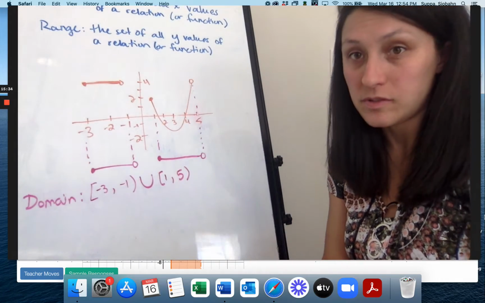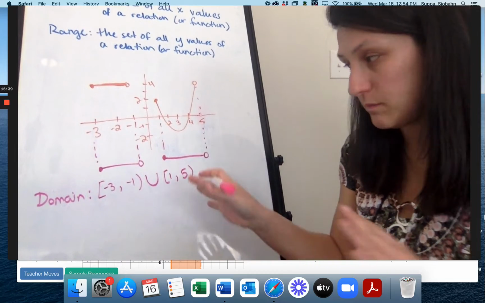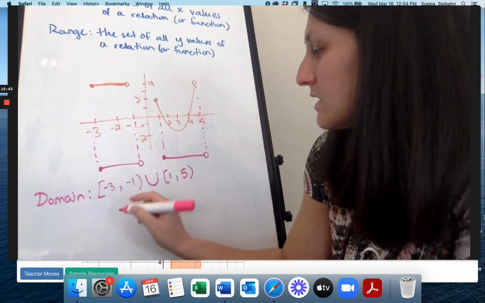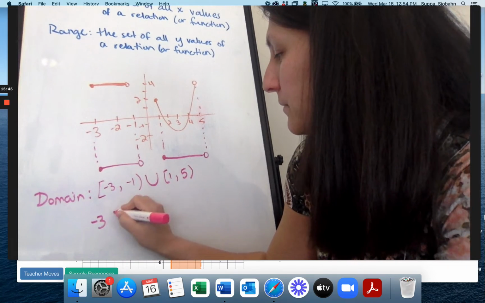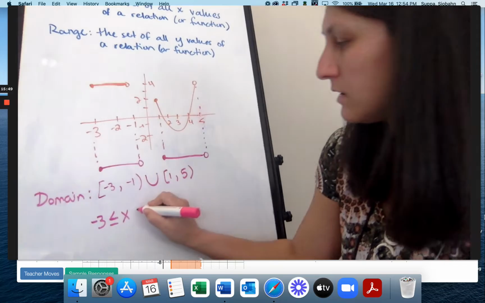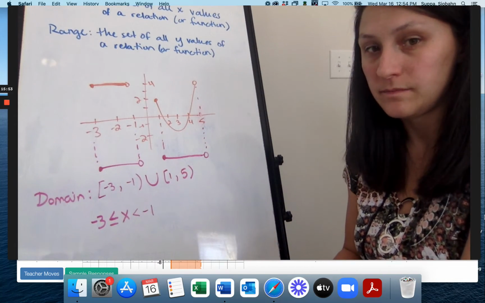That's using interval notation. You could also do this using inequalities. It's going to look a little complicated. The inequality will look like this: x is greater than or equal to -3, but less than -1. That's the first part.